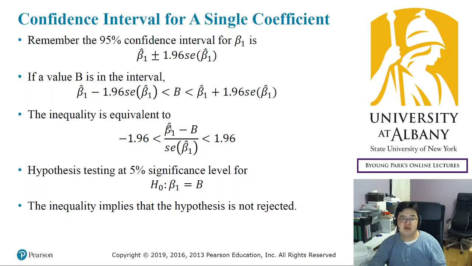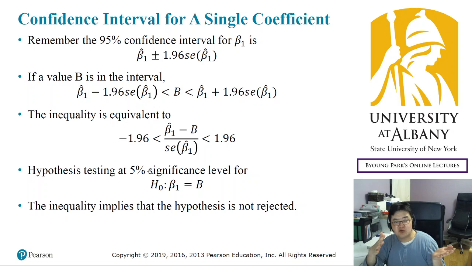And this is a familiar formula because this is the t statistic. In the middle, it is the t statistic for the hypothesis testing of this null hypothesis. If you believe that the coefficient equals b, then you would calculate the t statistic this way. And if the t statistic is in between plus minus 1.96, you cannot reject the null hypothesis at the 5% level.